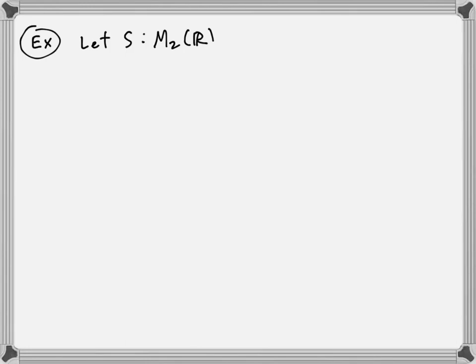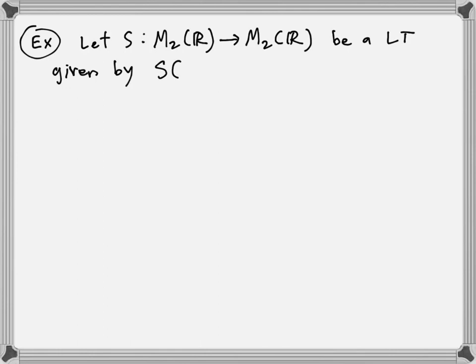Let S be a linear transformation from 2 by 2 matrices to 2 by 2 matrices given by S of A is equal to A minus A transpose. Okay, kind of an abstract little transformation here, but we are taking a matrix and subtracting its transpose from it.